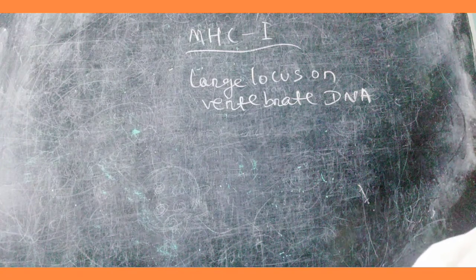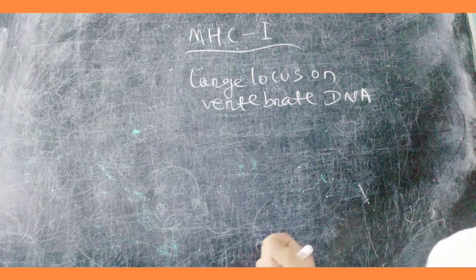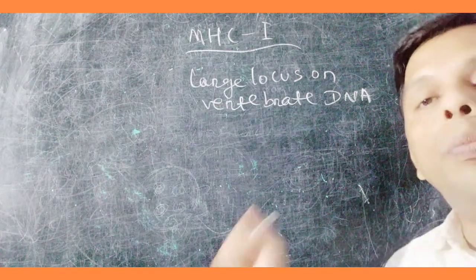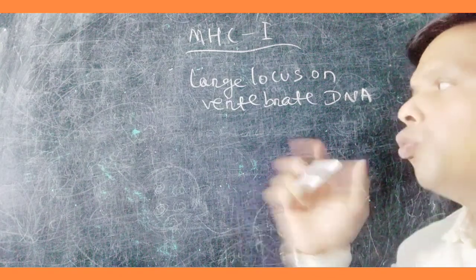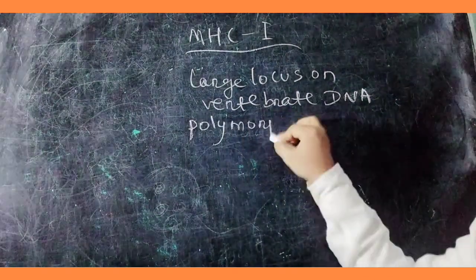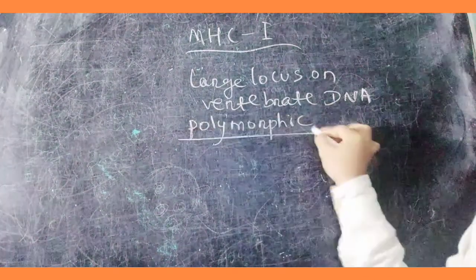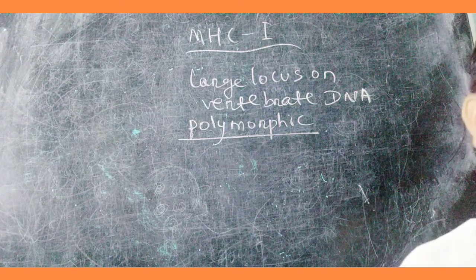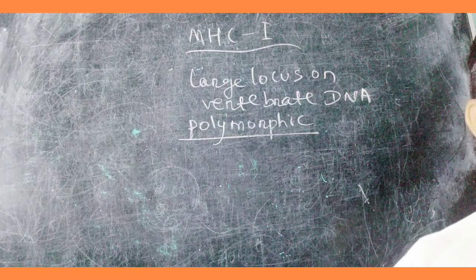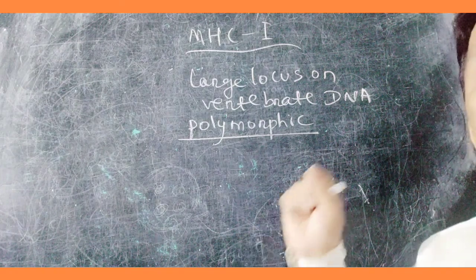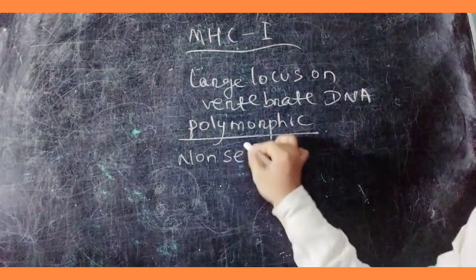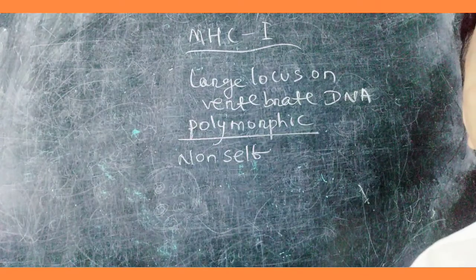Because these contain closely linked polymorphic genes that code for multiple stable forms of one gene. One gene produces many stable forms, so it is polymorphic in nature. It helps in recognizing foreign particles and also in finding non-self particles for the body.